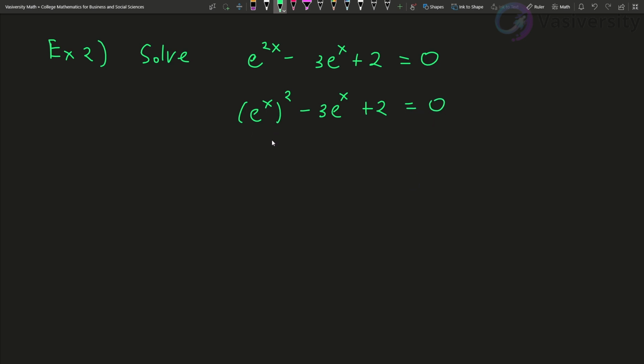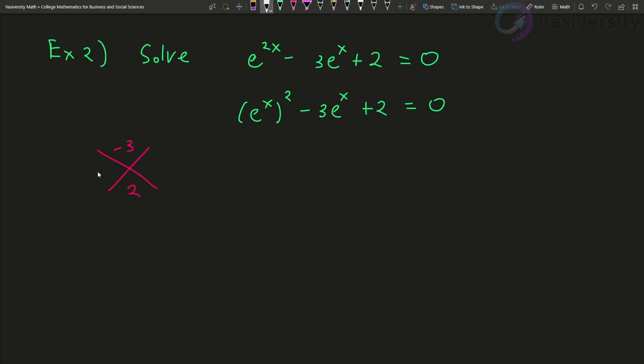So notice, this looks very familiar to us, right? It looks like a quadratic equation. So let's go ahead and try to factor it. So we have something plus something will give us -3, right? And then something times something gives us +2.